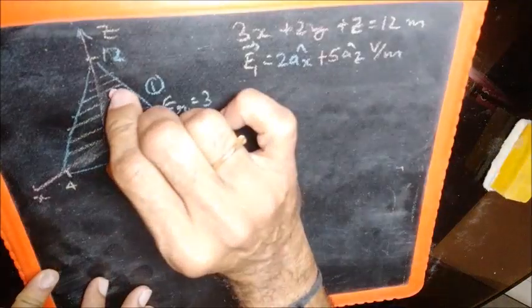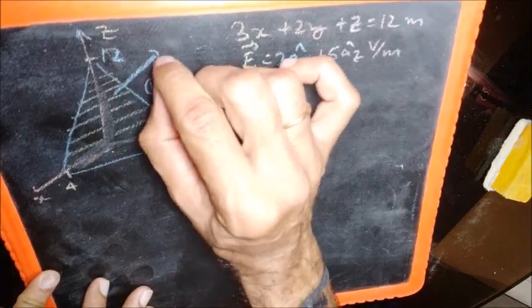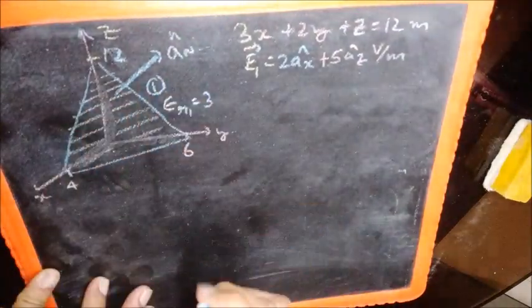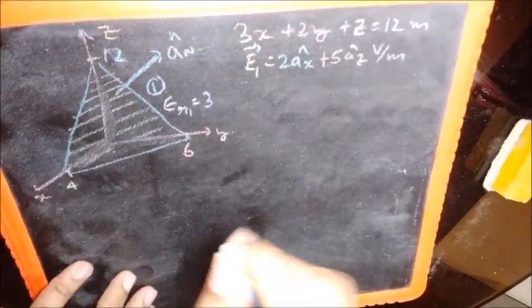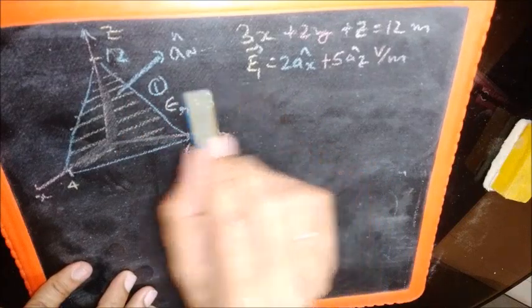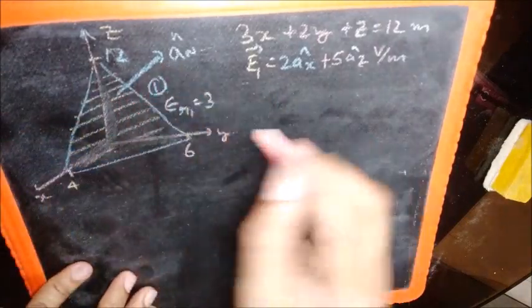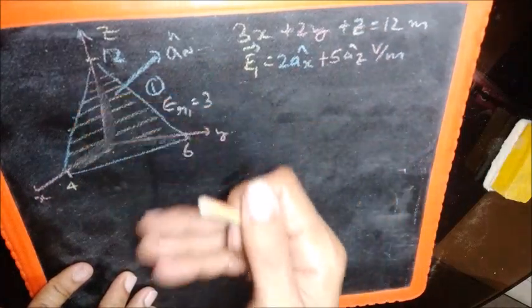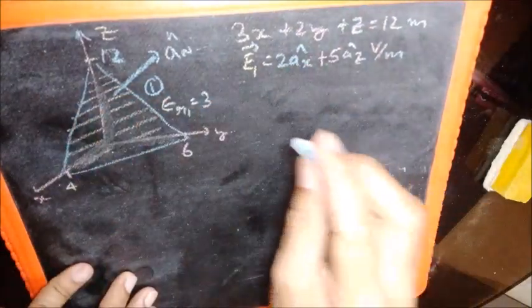So we first find a normal to this interface, because once we have the normal, we can multiply the electric field E1 on the other side of the interface with this normal and get the normal component of the electric field, and thereby find the tangential components and then apply the boundary conditions.